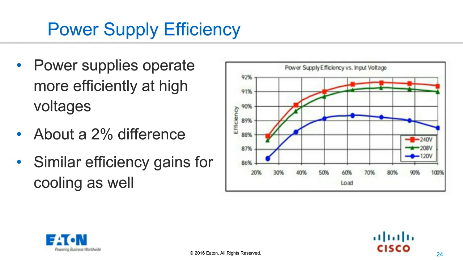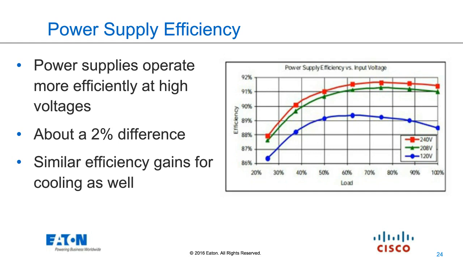You've got the actual efficiency of the power supply depending on how heavily it's loaded. So most of the time, you're going to be running about 50 to 60% load, and you can see there's about a 2% difference across the board.